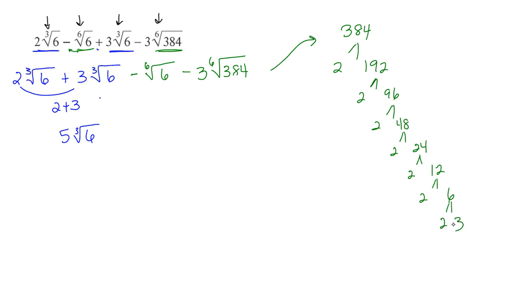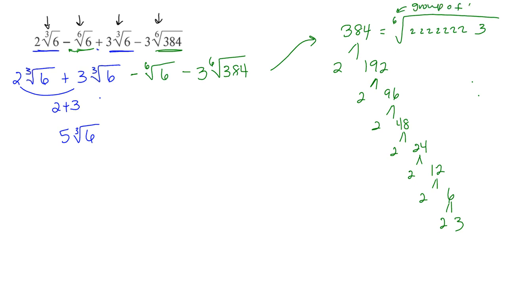Whew. How many 2s we got in there? 1, 2, 7 2s, huh? Okay, so this guy is actually the 6th root of a bunch of 2s and a 3. Now our group size is 6.